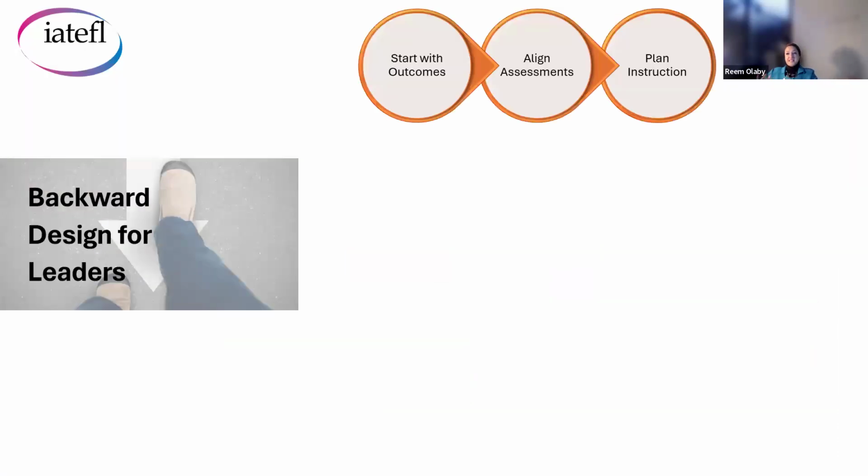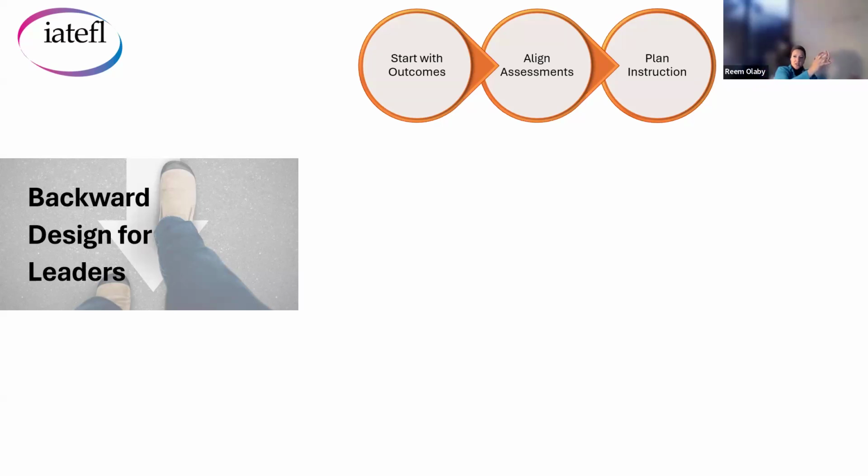Okay, so we have just seen how inclusive leadership sets the tone for trust and collaboration, but inclusion alone, again, is not enough. It's like an ecosystem. So inclusive leadership needs to be paired with intentional program design. And that's where the backward design or reverse engineering comes in. Backward design flips the traditional way of planning instruction.